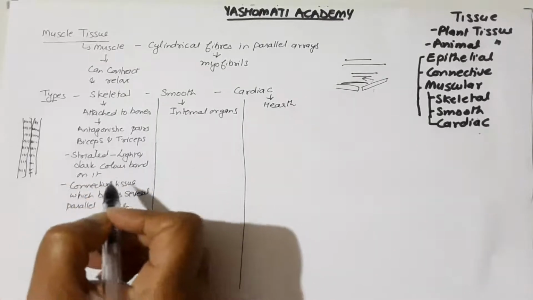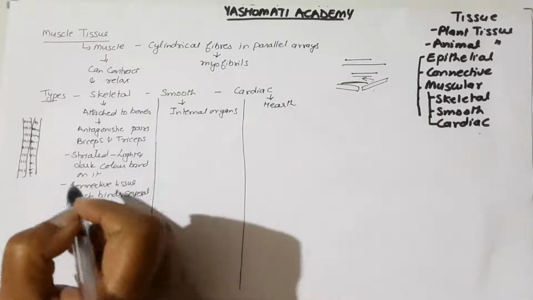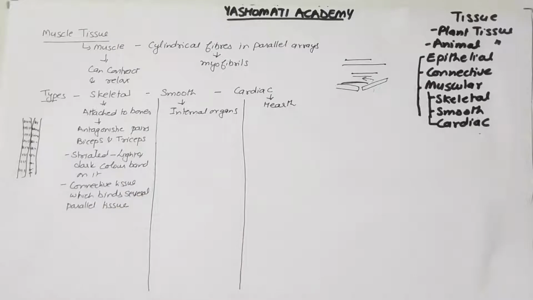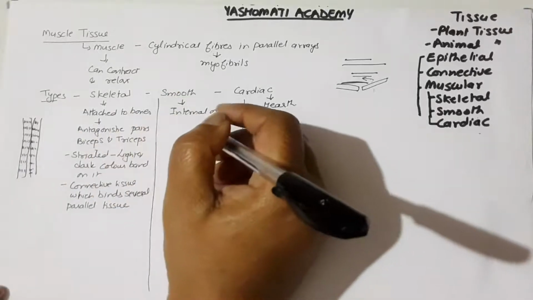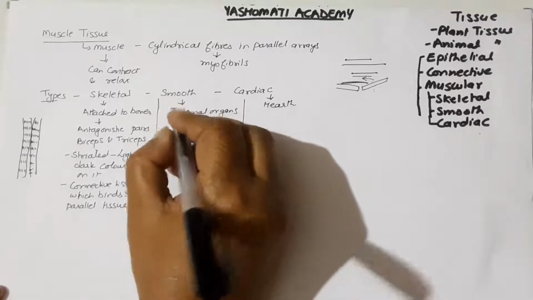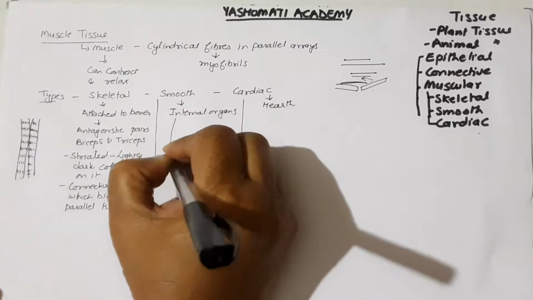That means the bundle of skeletal tissue is surrounded from outside by a connective tissue which keeps them together. In comparison to this, internal organs have spindle shaped muscles.